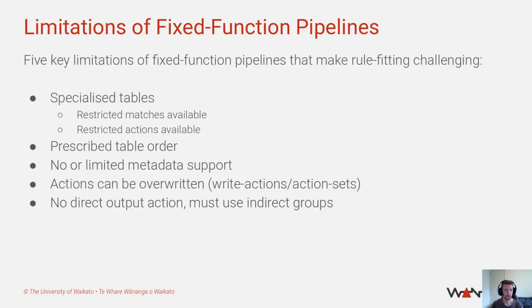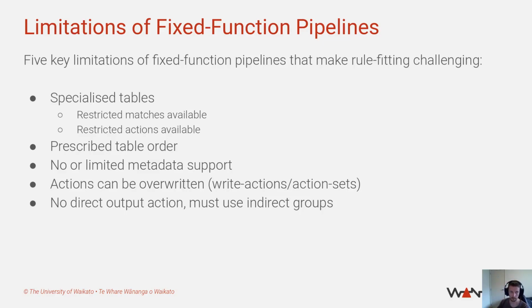So the key limitations that make fixed function pipelines hard to fit rule sets to is that they have these specialized tables, which are restricted in the matches and actions available. The order of these tables is prescribed by the hardware design. There is limited or possibly no metadata support.